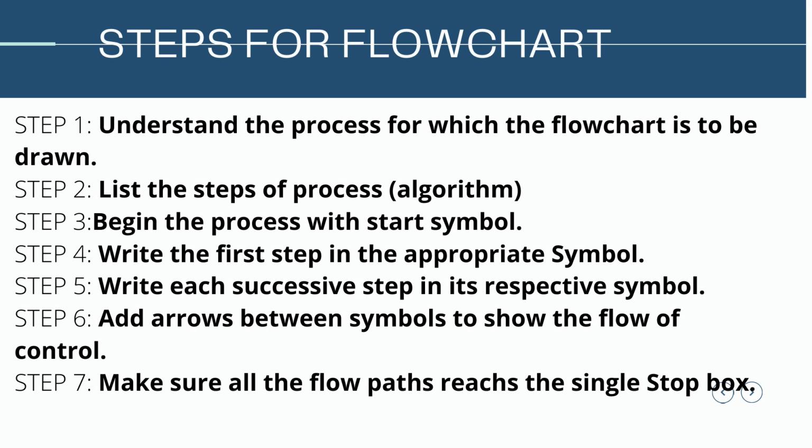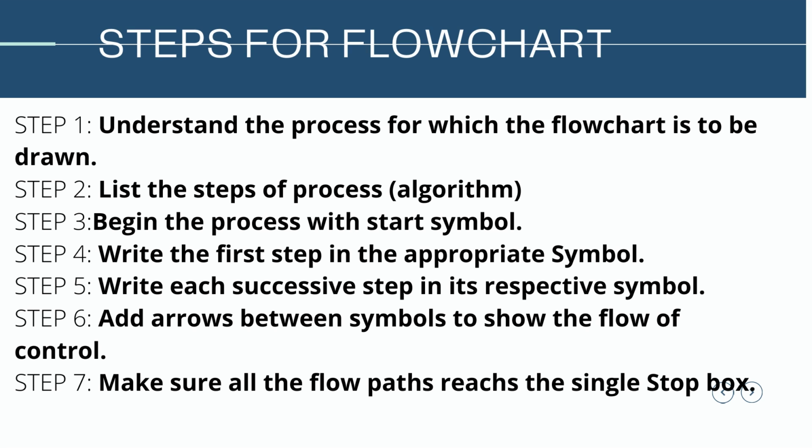First the oval, which means you start, then the rectangle for the process or action, and the parallelogram for giving input and output. If you have to make a decision, you can use the diamond shape, and all these shapes are connected using arrows.